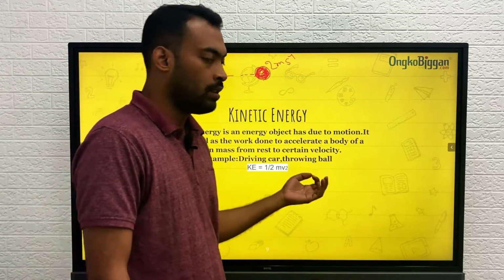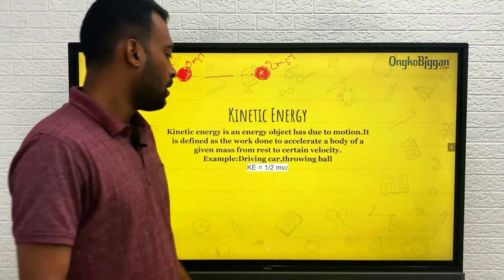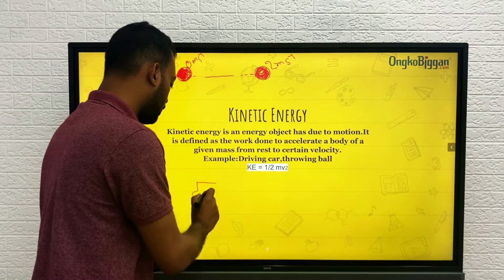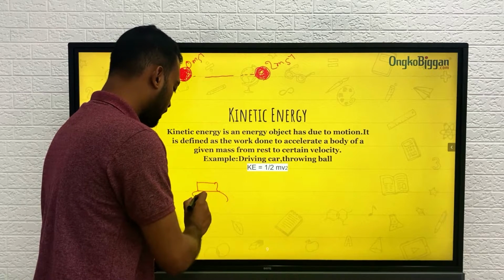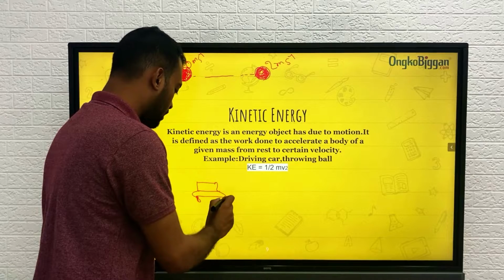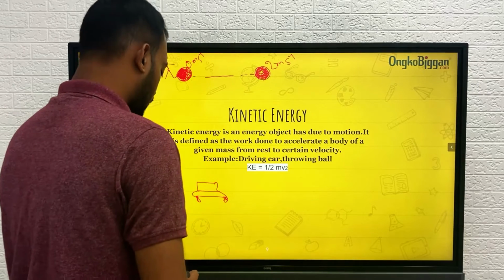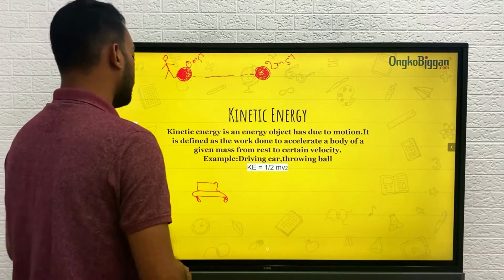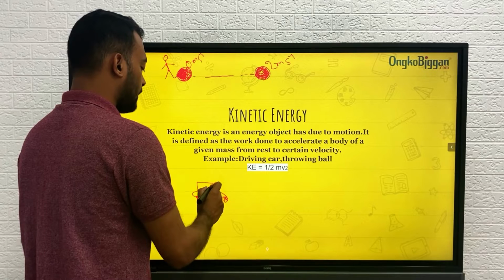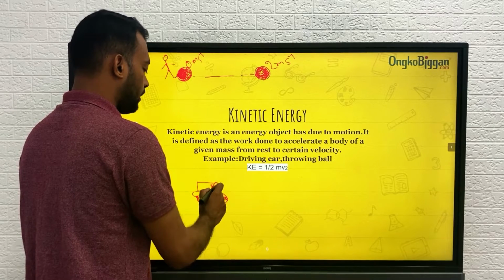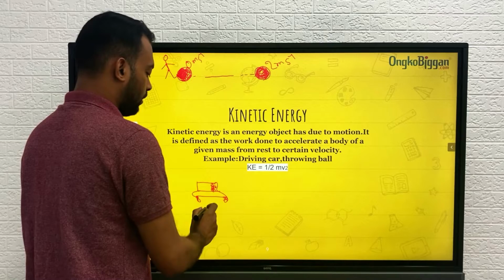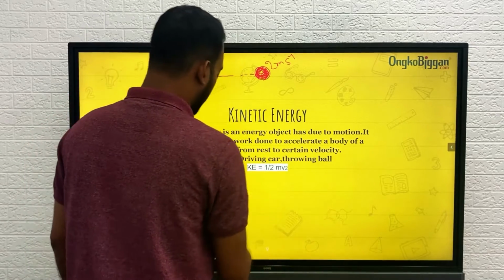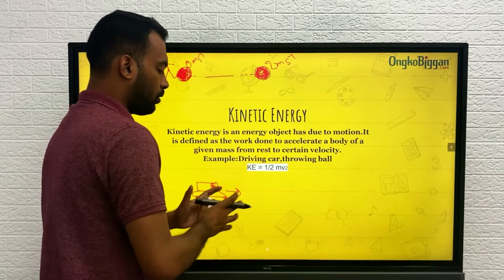Examples: driving a car, throwing a ball, which I've shown. Driving a car, what happens? So this is a car, suppose. Sorry about the drawing, but suppose this is a car and the car is at rest, at 0 meters per second, and you are taking it from rest to motion.